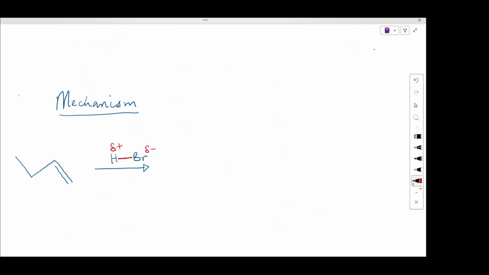So what will happen next is that this pi bond will swing out and attack the proton, which will break this bond, and the excess electron will go to the bromine. In this case, we will form a carbocation intermediate, and we will add the hydrogen to the less substituted carbon. And so the carbocation will be on the adjacent or on the more substituted carbon. And we will have the bromide ion formed.